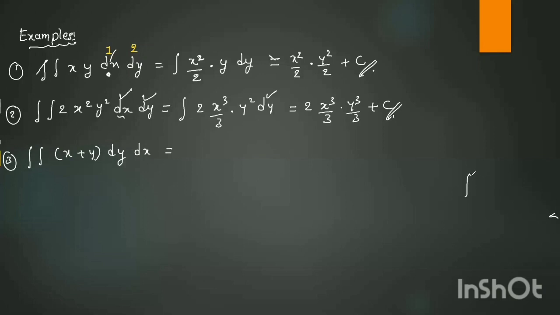And we have studied that integration of a constant is x if you are doing it with respect to x. Integration of a constant is y if you are doing it with respect to y. And you have to do with respect to y first, then with respect to x.